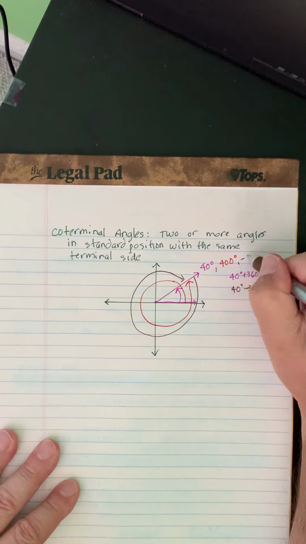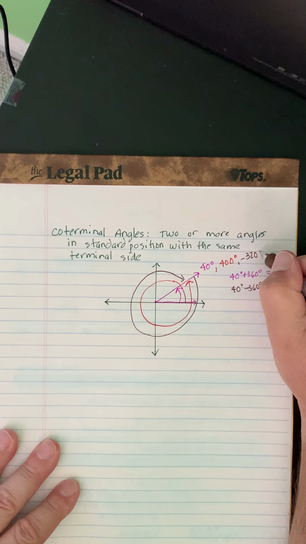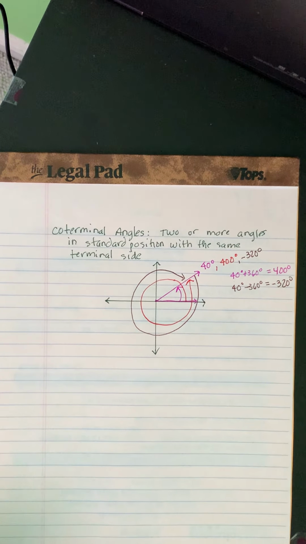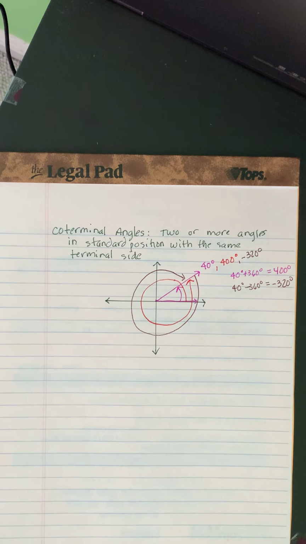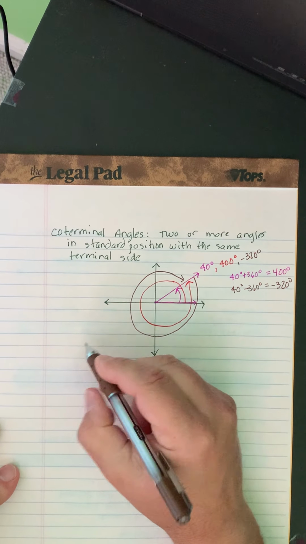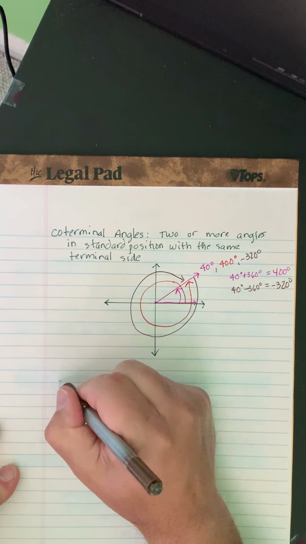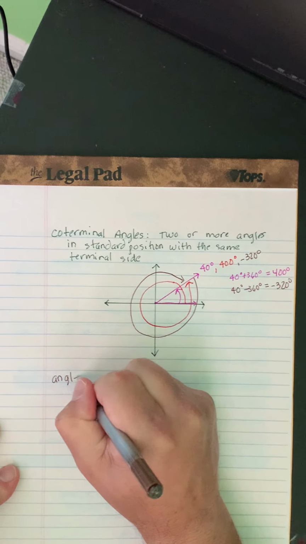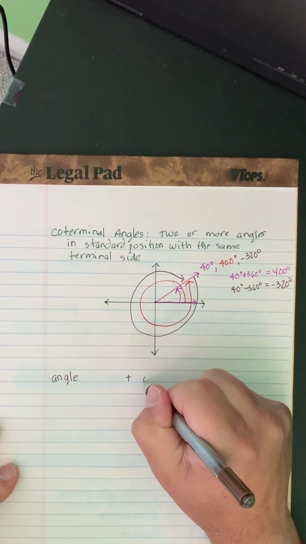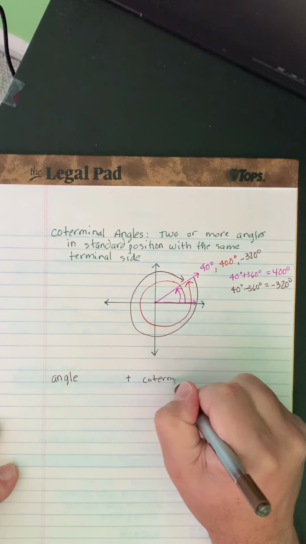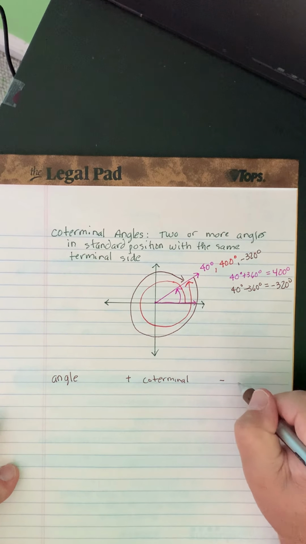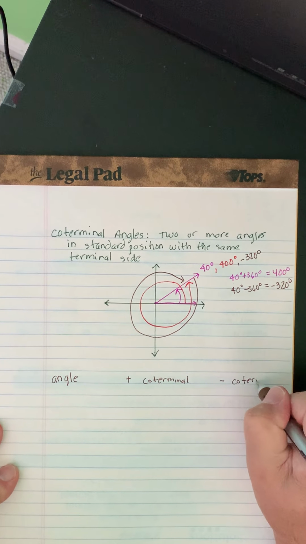Okay, so that angle, and I can keep doing this. I can still keep adding multiples of 360 and subtracting multiples of 360 to come up with different ones. Okay, that's all you're doing for a coterminal. So let's take a little practice. Let's do a positive coterminal and a negative coterminal.